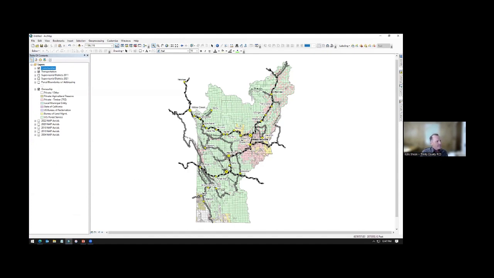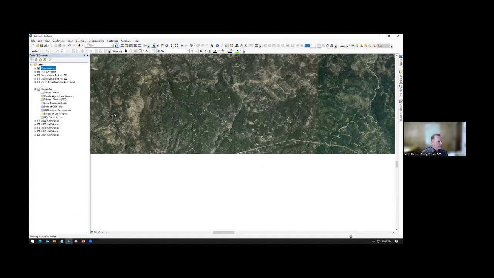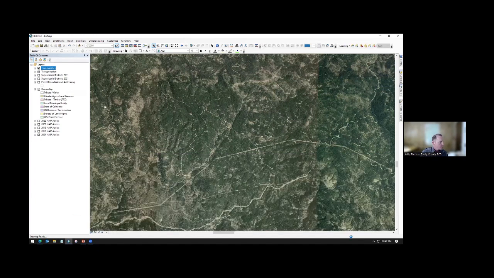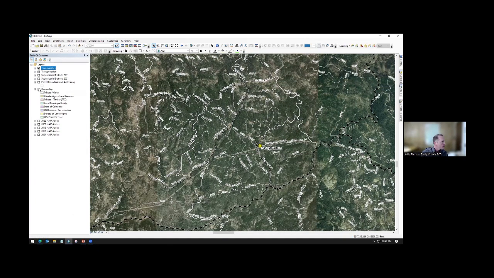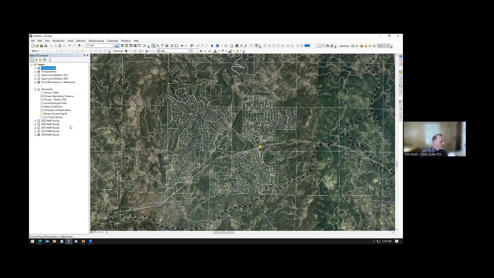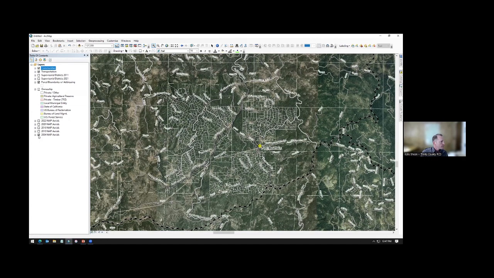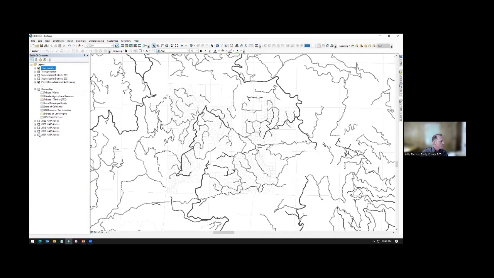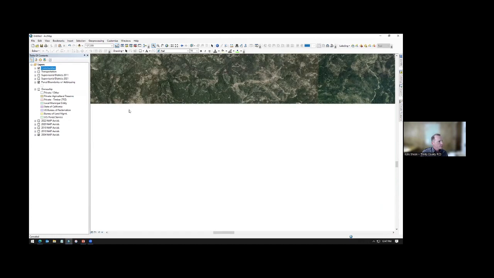Okay. I'm going to zoom into an area that's been pretty heavily impacted by these activities here called Post Mountain, which is out past south of Hayfork. What I'm showing here is sort of a vast subdivision that's kind of out in the middle of, I'm going to take off the transportation.